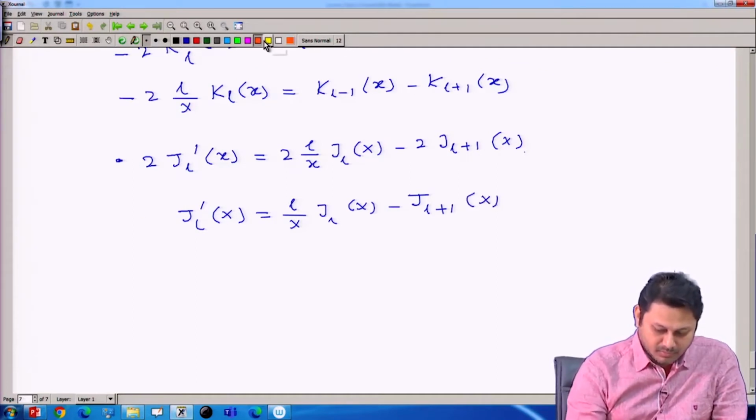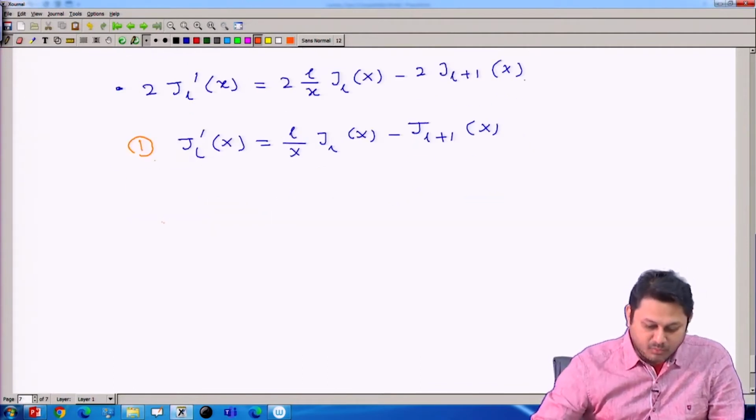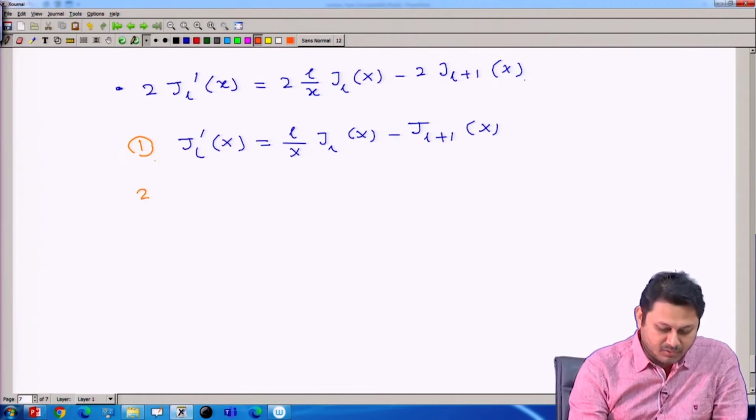This is equation 1. In a similar way I can have another equation. Please try it out and you will find that another equation one can also write in this way.